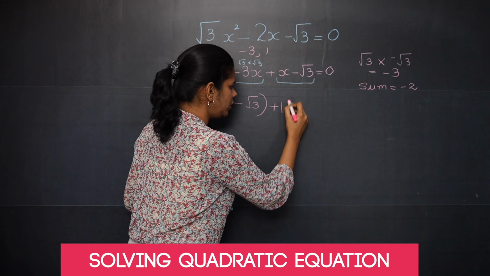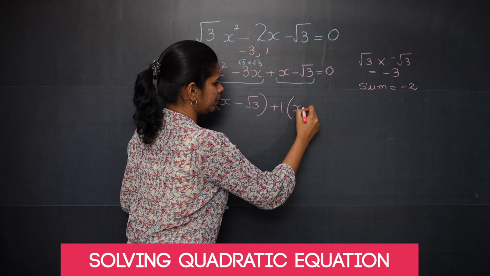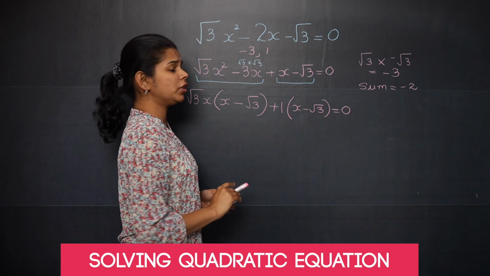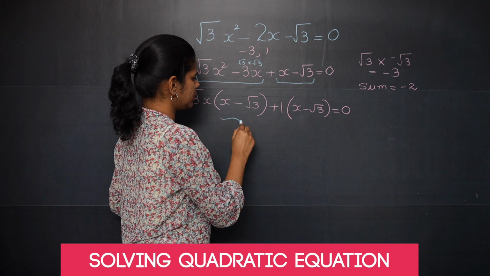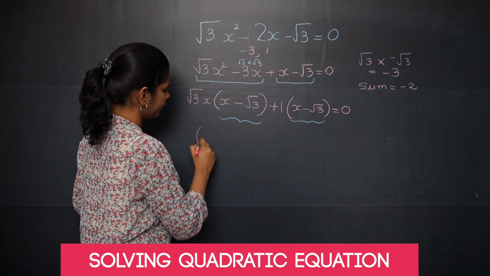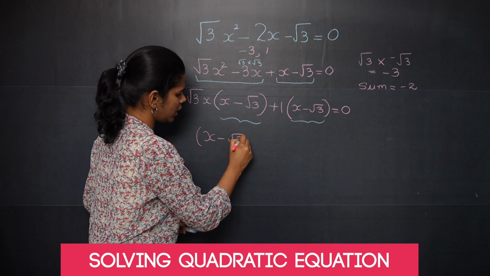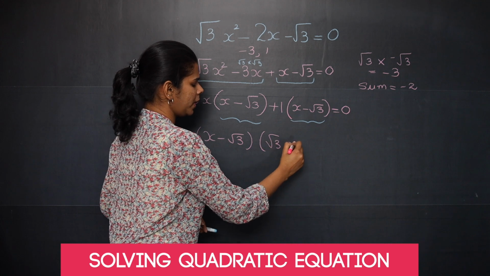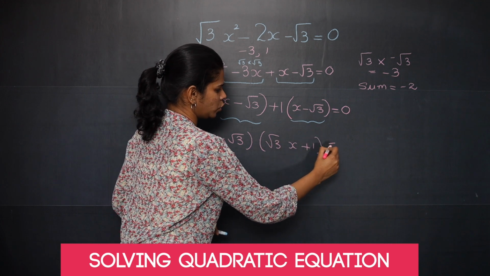So plus 1 into, you can write the same thing, x minus root 3 equal to 0. Now what is common? You can see x minus root 3 is common. So you will take that outside, x minus root 3 into root 3x plus 1 equal to 0.